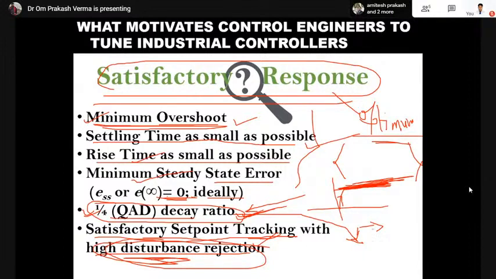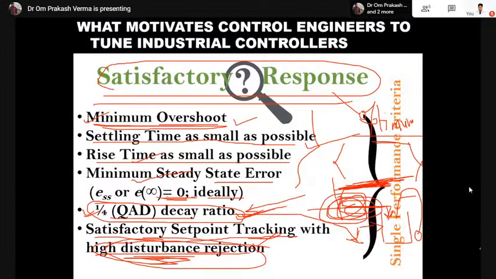The environment means, let's say, the flow is going inside this one. You are controlling the flow from this one. So this flow will act as a disturbance.